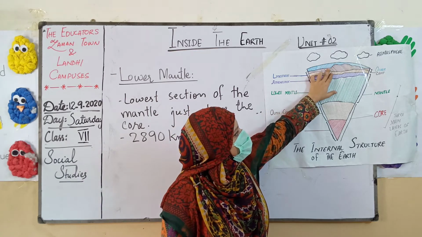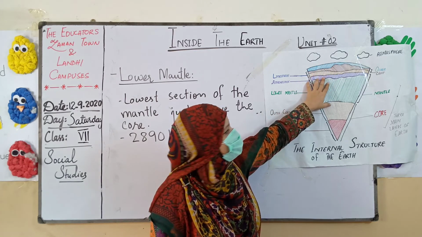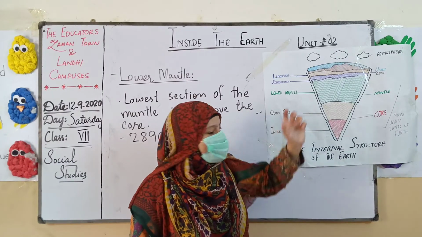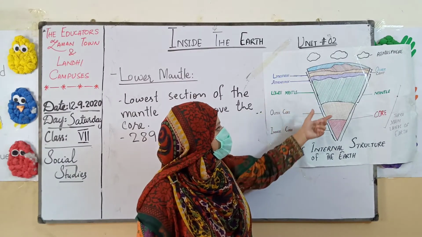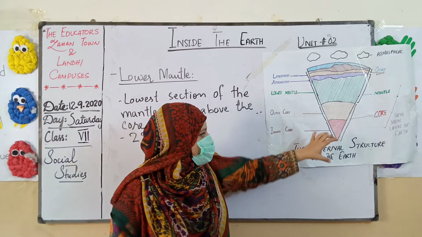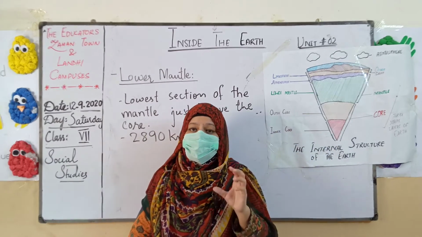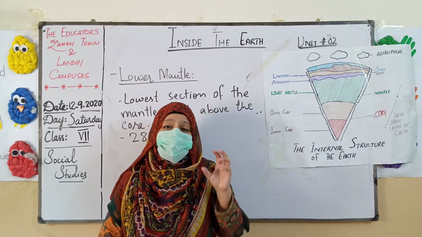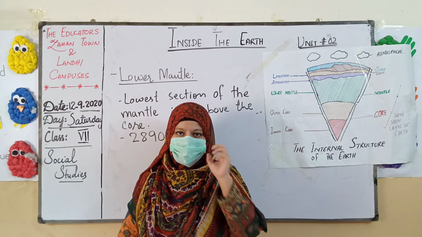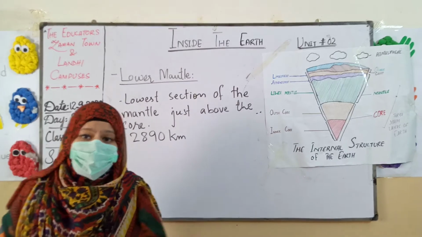Crust, as we said, is the hard substance. Lower mantle is somewhat denser than the asthenosphere. The outer core has molten content, and the inner core is a solid part consisting of iron, nickel and some other hard metals that give it hardness.